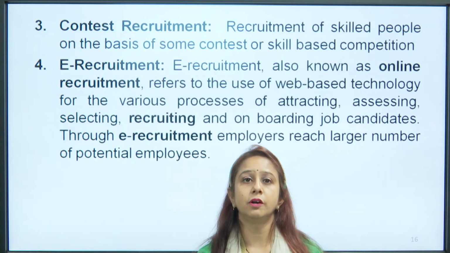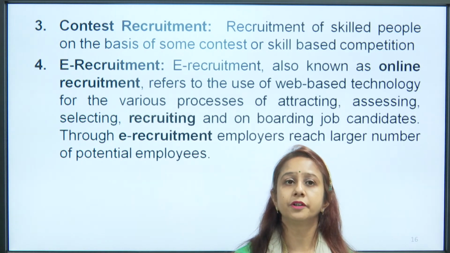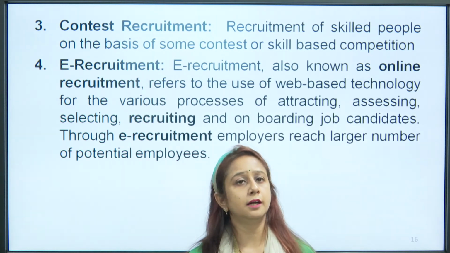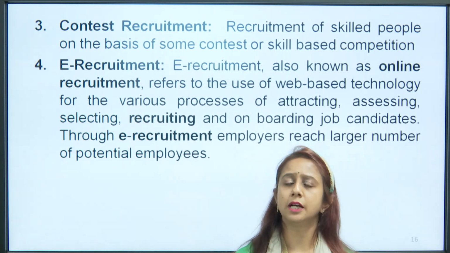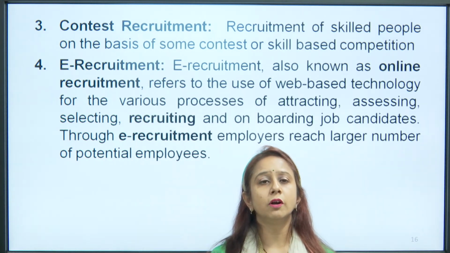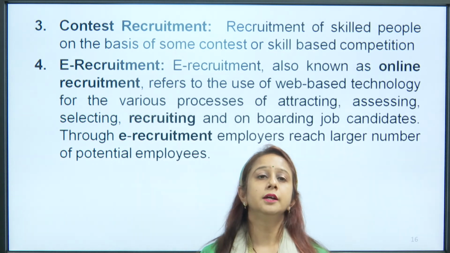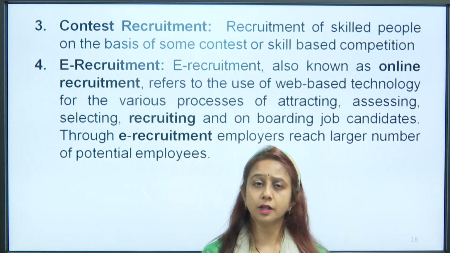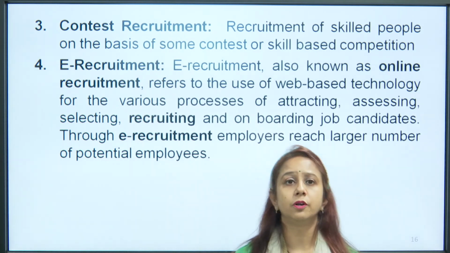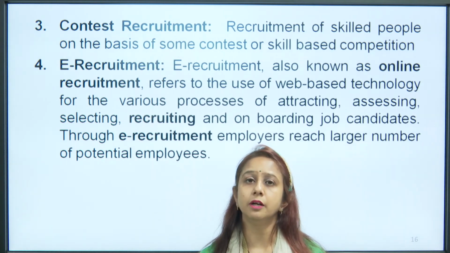Then contest recruitment, the third kind of trend being set up these days. Here, the bigger organizations run online or offline contests, and through this series of contests, they try to get those people who are skilled and more experienced for certain kinds of jobs available in the organization.